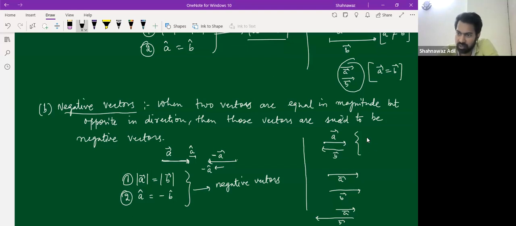Yes, sir. Negative vectors. Correct answer, because the magnitude is equal and the direction is opposite.